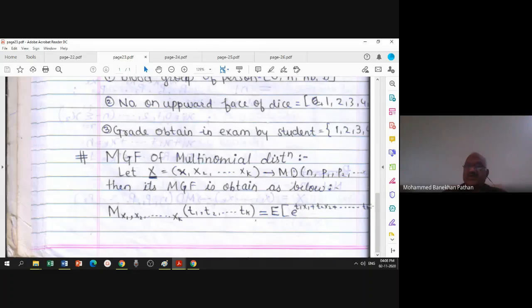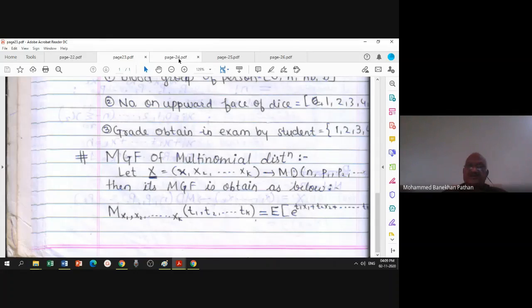If you recall your previous chapter, M_X(t) is written as the expected value of e to the power tX. That is for one variable. Now if there is more than one variable, you go by such a definition. I repeat, the expected value of e to the power (t1 X1 + t2 X2 + ... + tk Xk). There is a plus sign there.